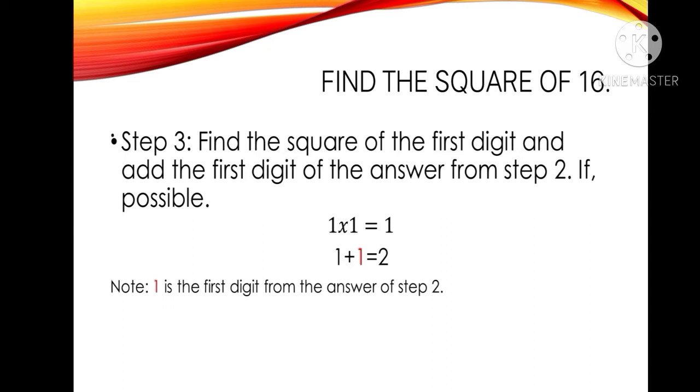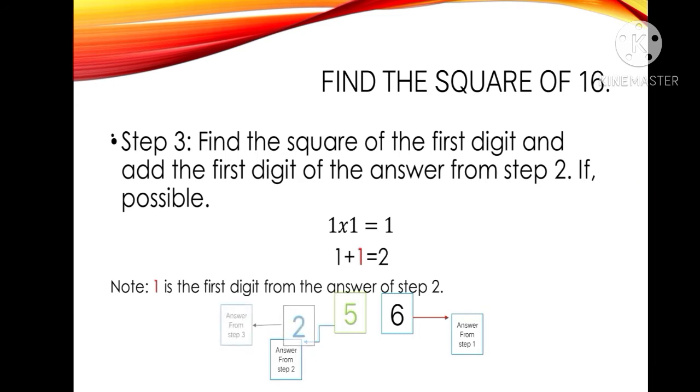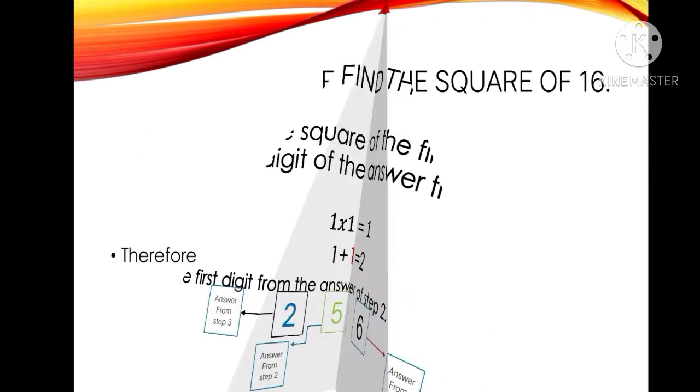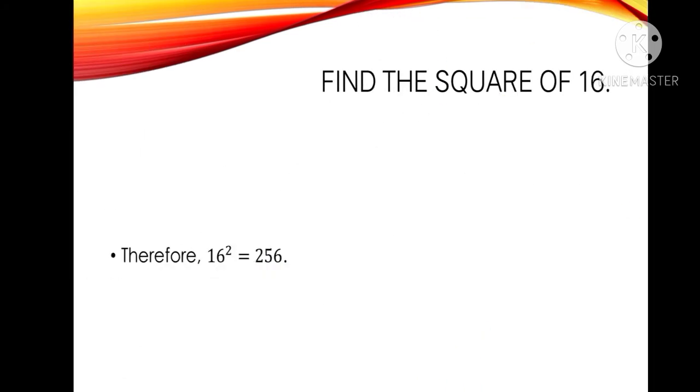So 1 plus 1 is equal to 2. Again, our answer from step 1 is 6, from step 2 is 5, and the answer from step 3 is 2. So therefore 16 squared is equal to 256.